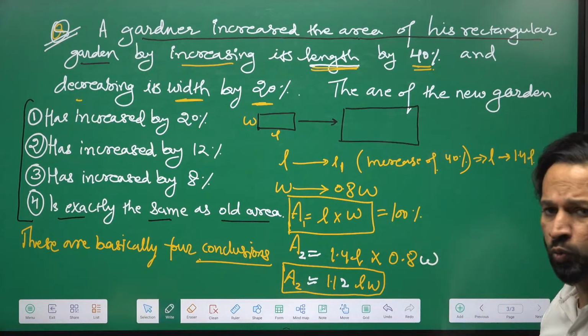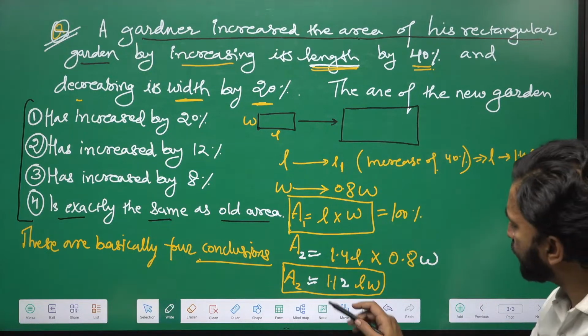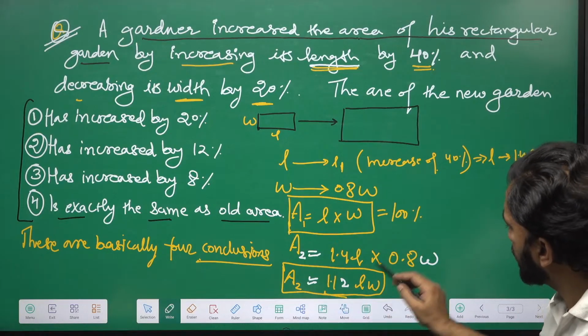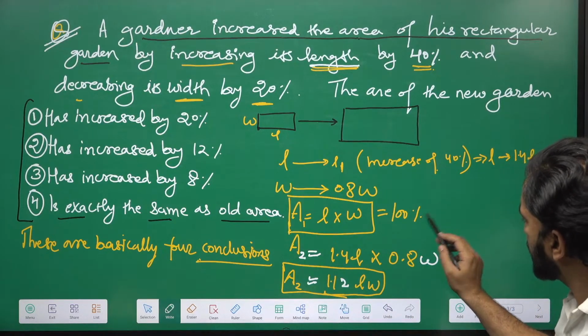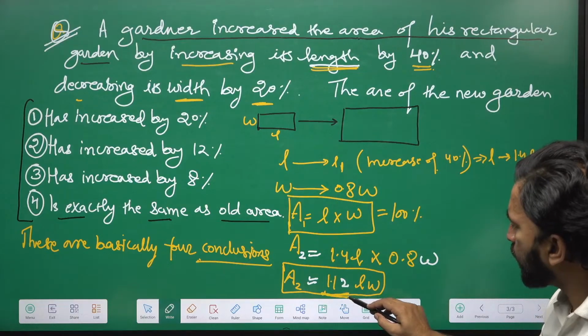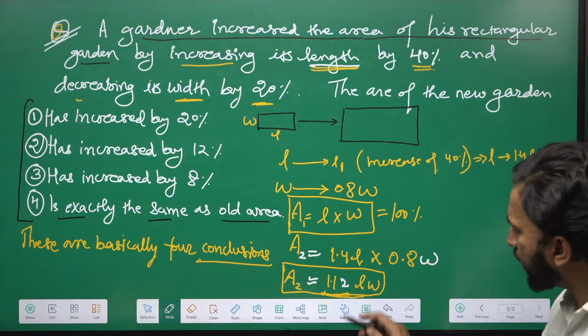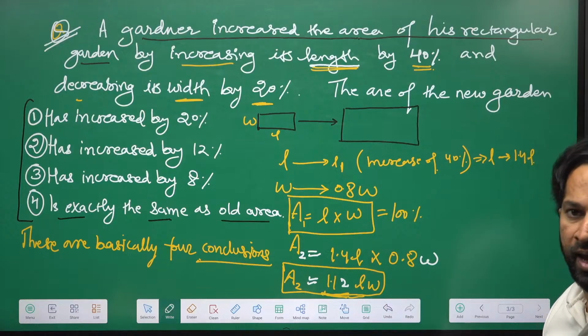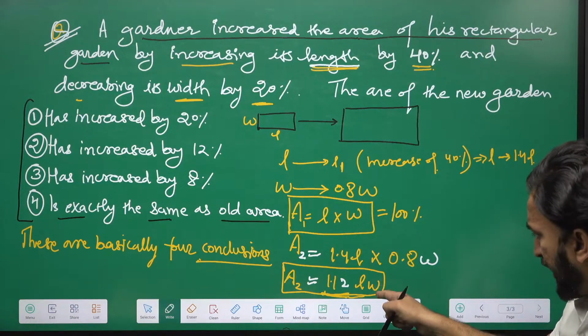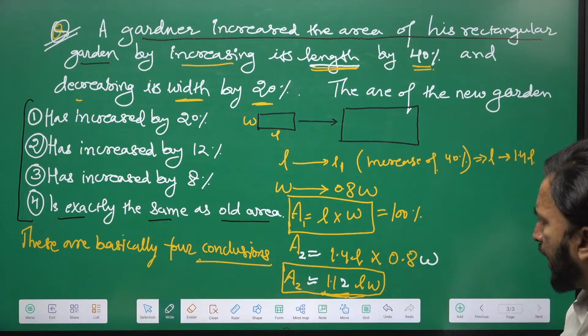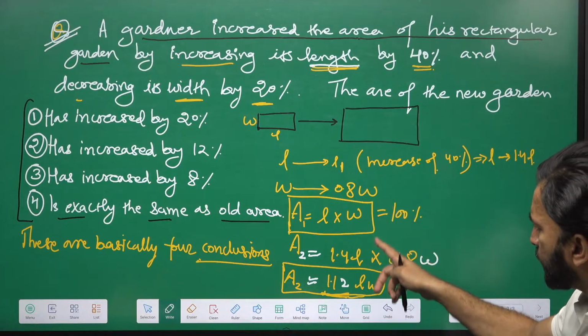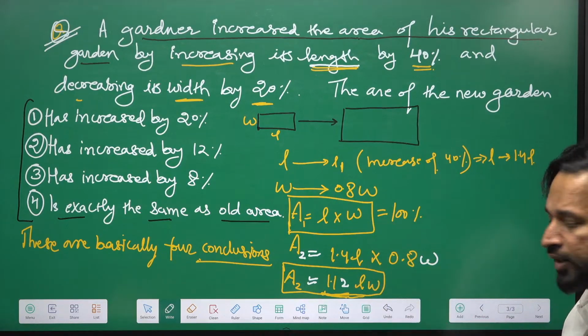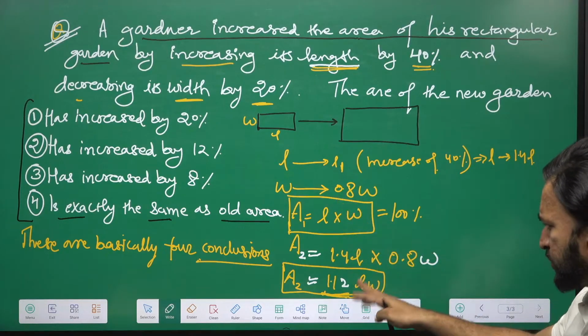If this is equal to 100%, now we have to see that 1.12 LW, so 1.12 is added. If LW is equal to 100%, how much will this be?